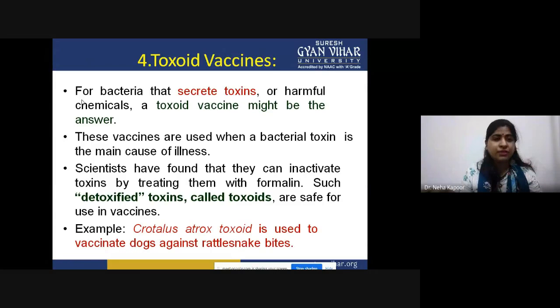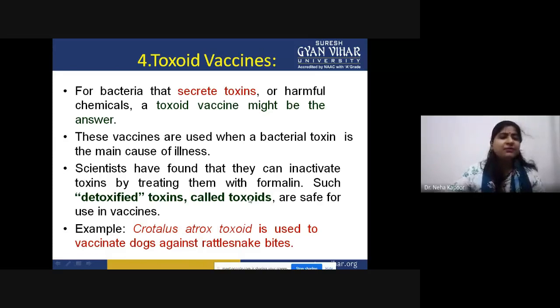For example, Clostridium. In that case, scientists have found that if you inactivate those toxins by treating them with some chemicals, for example, formalin, the detoxified toxin can be used as a vaccine. Those are known as toxoids, and they are much safer, and they can be used in vaccines. For example, Crotalus atrox toxoid is used to vaccinate dogs against rattlesnake bites.